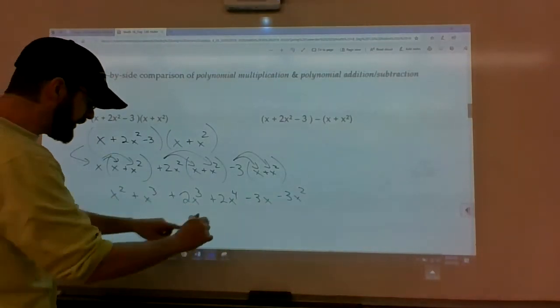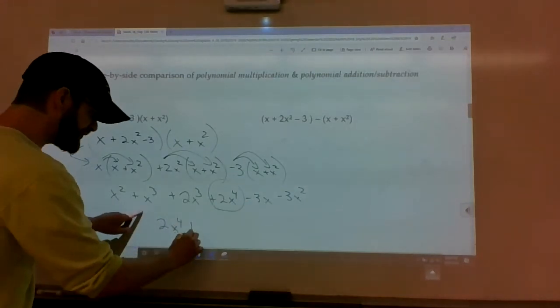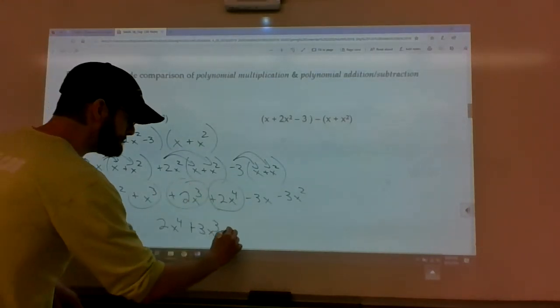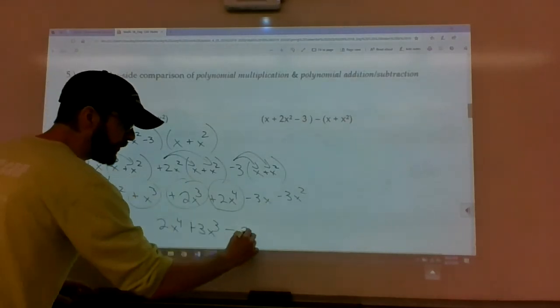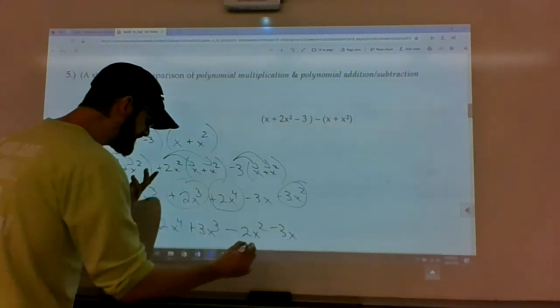Final answer would be 2x to the 4 plus 3x cubed minus 2x squared minus 3x. And that's it.